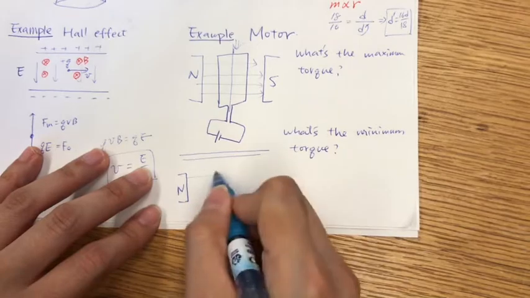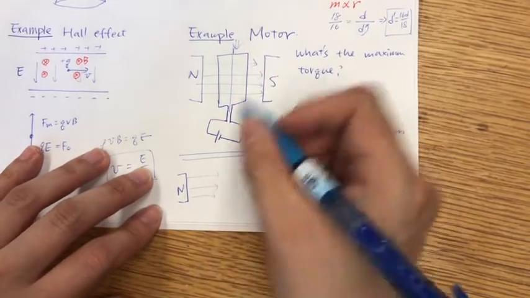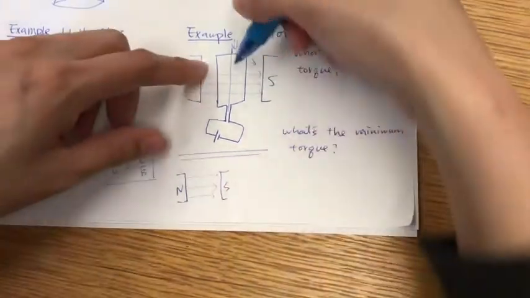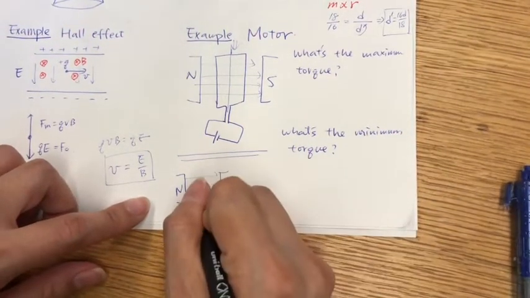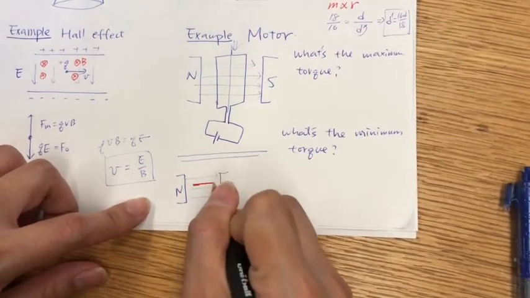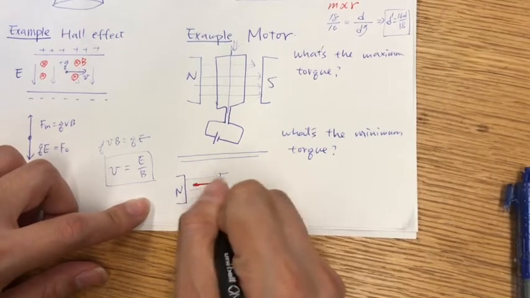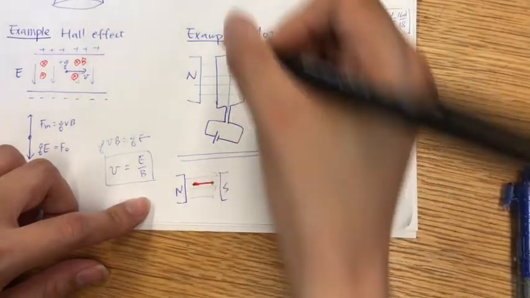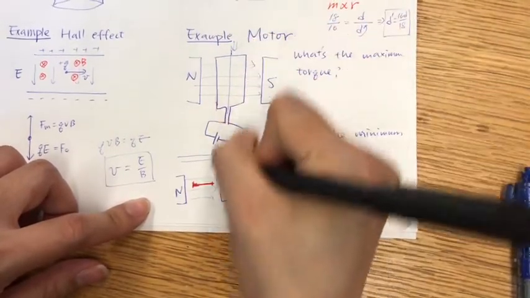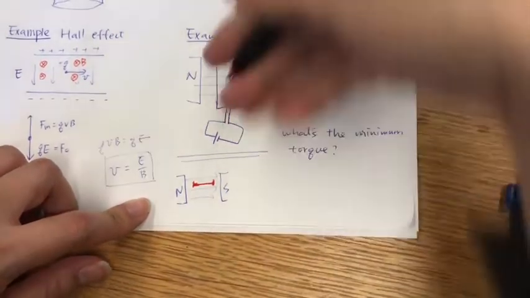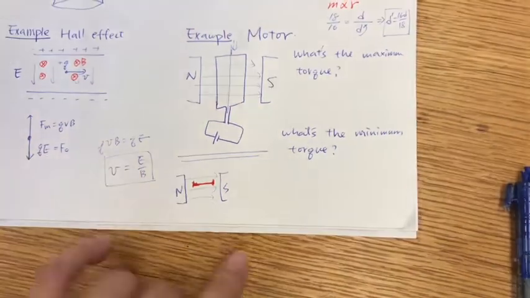So again, north is here and south is here. If I see it from the top, this one is not aligned with this magnetic field. So this wire is at this end, like from the top.